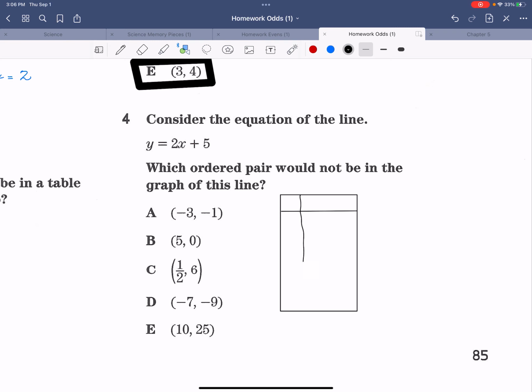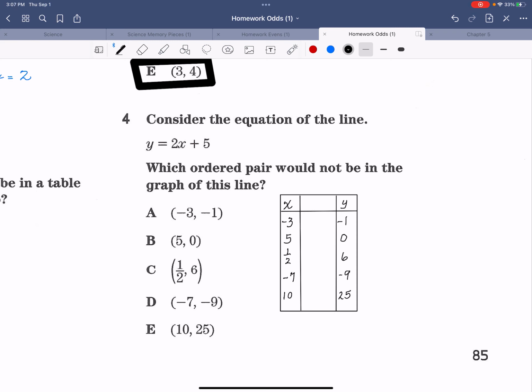We're going to put our x value here. This is actually pushing us toward chapter 6, where we will look at functions. So x and y's. We want to test -3 and -1, 5 and 0, 1/2 and 6. Now don't get excited about a fraction, it's just a number. And then 10 and 25.